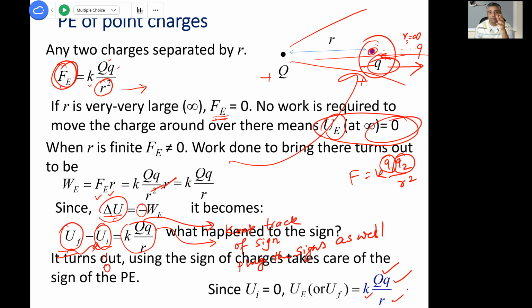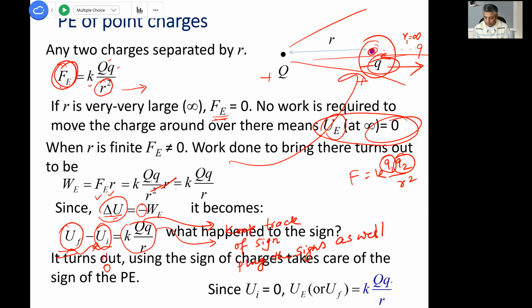Later we'll define potential. Like the field has only one charge, similarly potential we're going to define so that we write the formula in terms of the source charge only. So there is a difference between potential and potential energy. Potential energy has both charges in the formula.